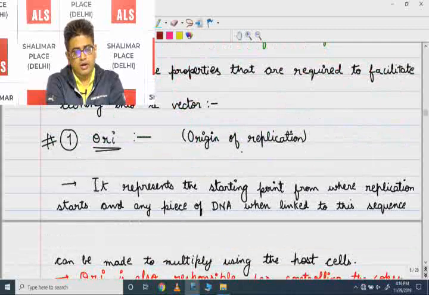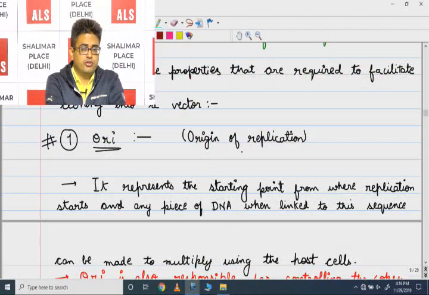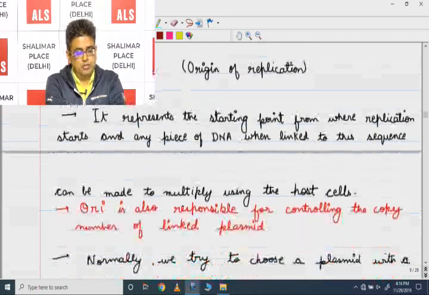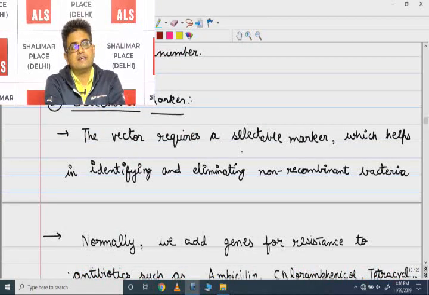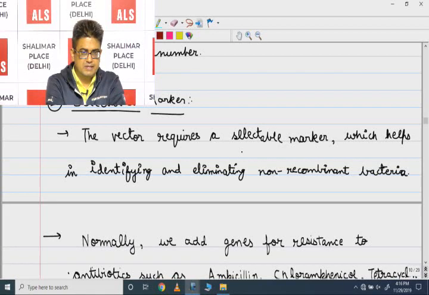Then I told you some things. There is something called ORI. Normally we try to introduce a gene into the ORI site, origin of replication. A selectable marker is something which enables us to differentiate in which bacteria the changes have been successful and in which bacteria the changes have not been successful. Why? Because I only want to choose the useful and the recombinant bacteria.